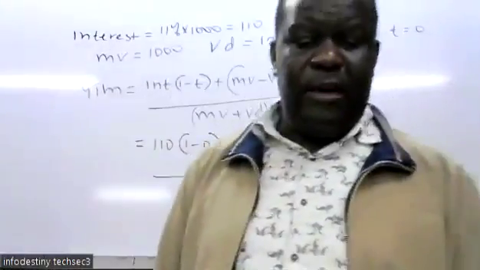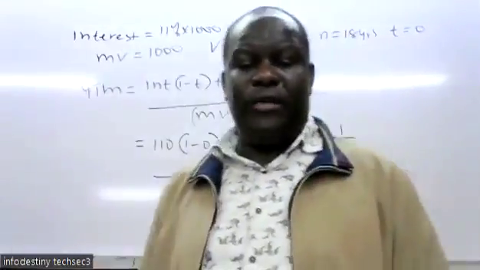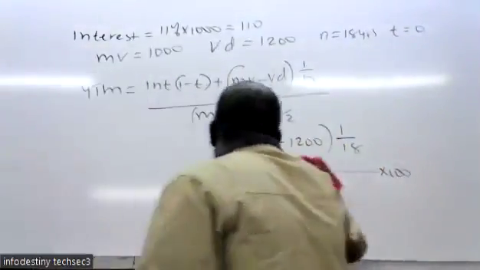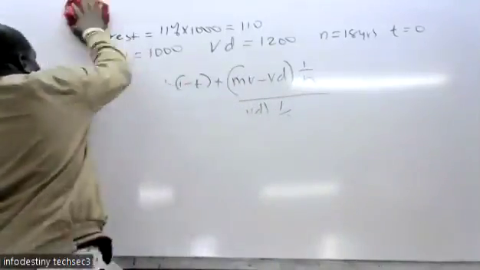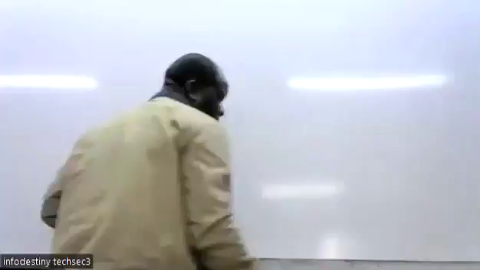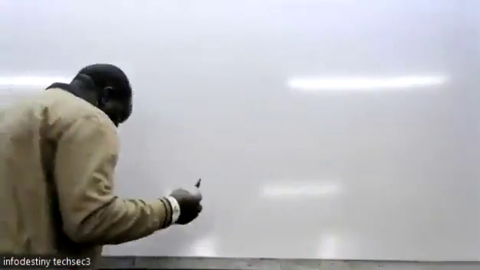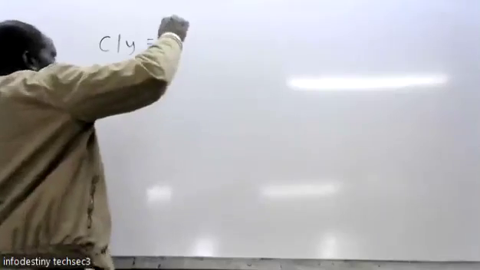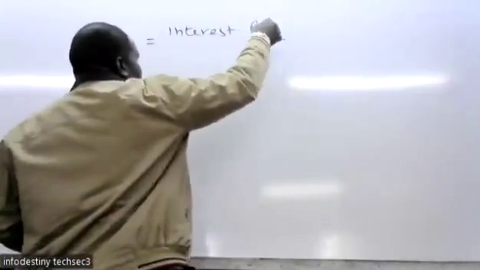Let us first see how to calculate the current yield of the bond. The current yield of the bond will be given by the interest per annum.